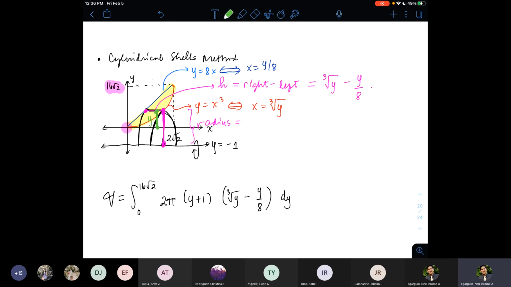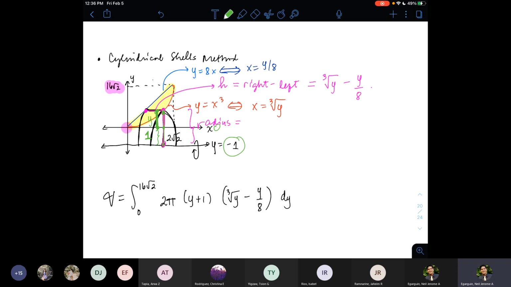But from here, from the AOR towards the x-axis, that is 1 unit, right? Because this is -1, this is 0, from 0 to -1, that is 1 unit. So in all, this radius would be y plus 1 unit. So that's why the radius of the cylinder is y plus 1.